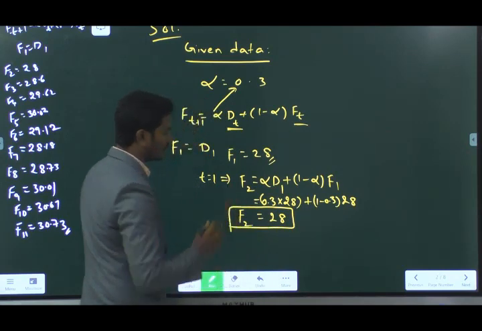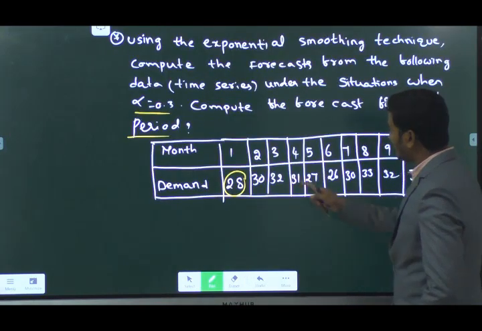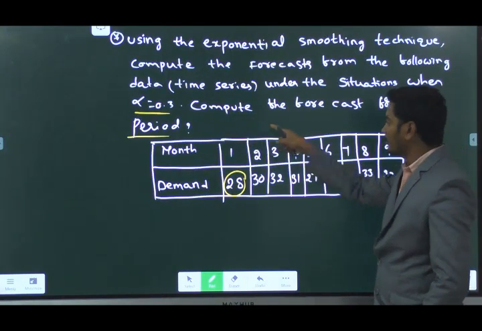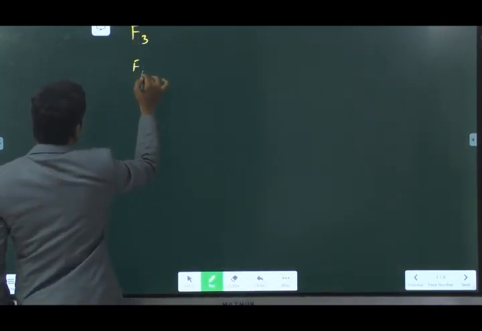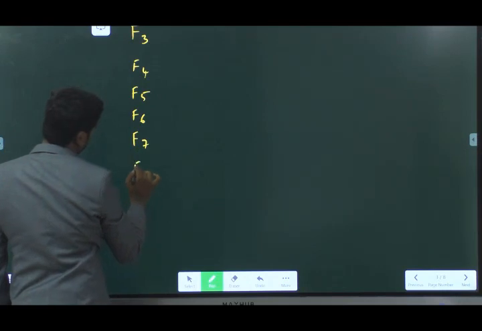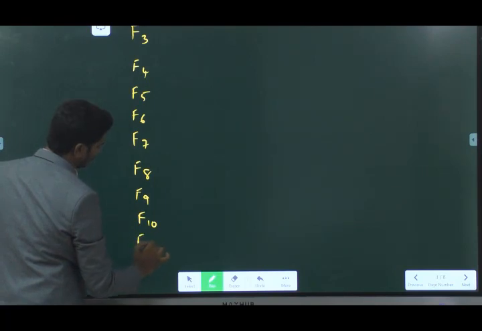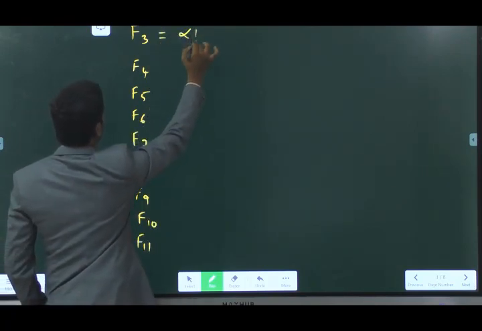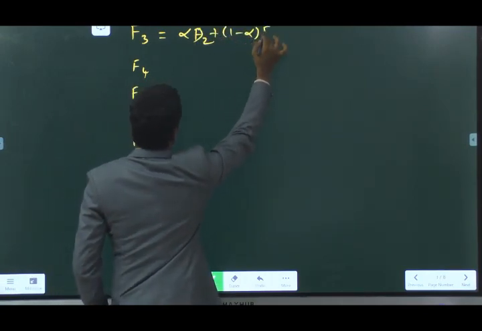Similarly, we calculate F3, F4, F5 up to the 11th month, because they are asking for the forecast for the 11th period. So we go through F3, F4, F5, F6, F7, F8, F9, F10, and the final one is F11. F3 is alpha D2 plus (1 minus alpha) F2.